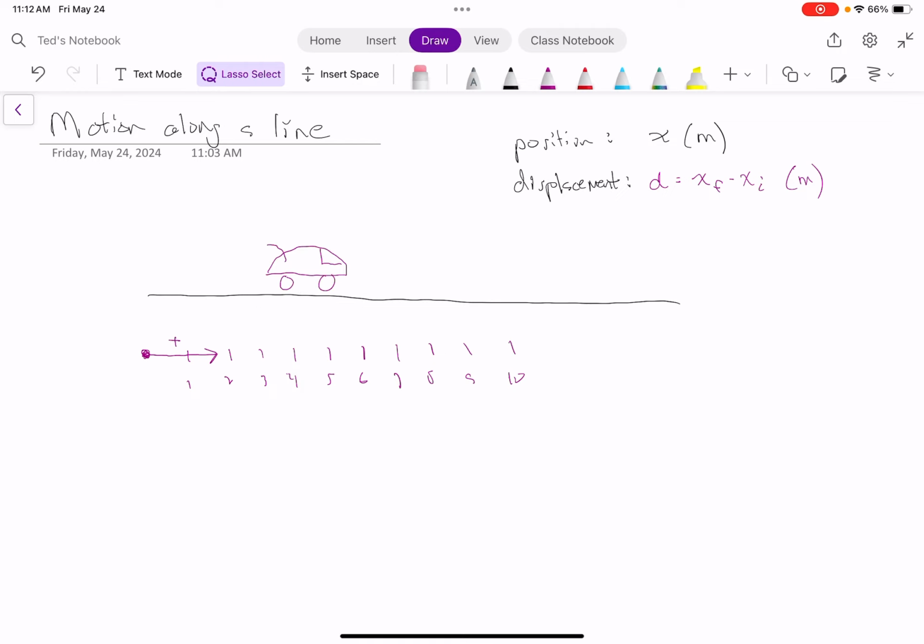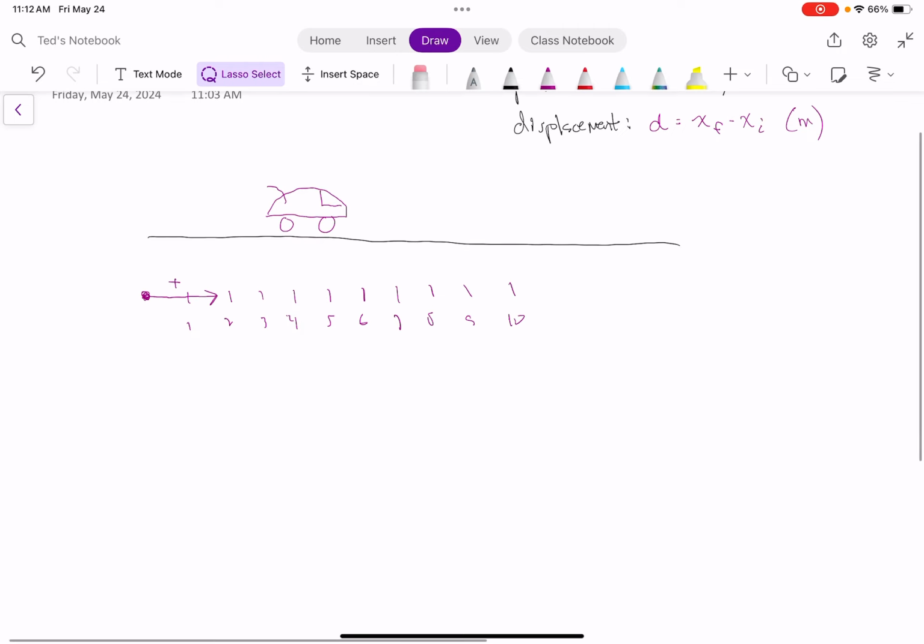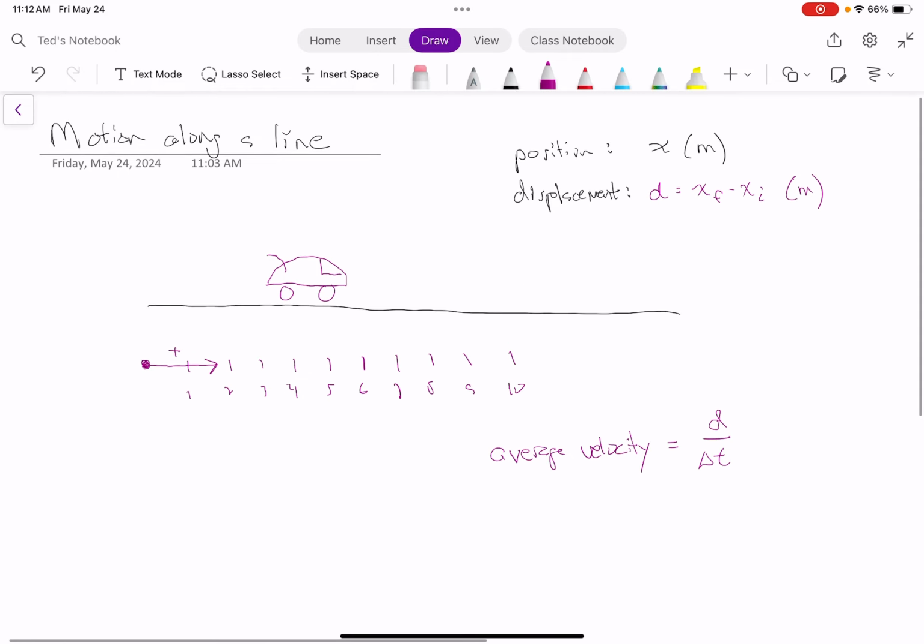We can start out with the definition of average velocity. The average velocity is just the distance you traveled, that is, your displacement, divided by the amount of time that it took, the change in time.